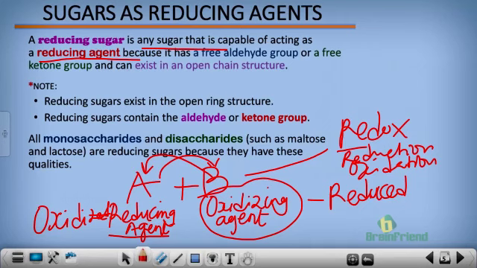There are features that make a sugar a reducing agent. They can act as reducing agents because they contain a free aldehyde group or a free ketone group, and they can exist in an open chain structure.